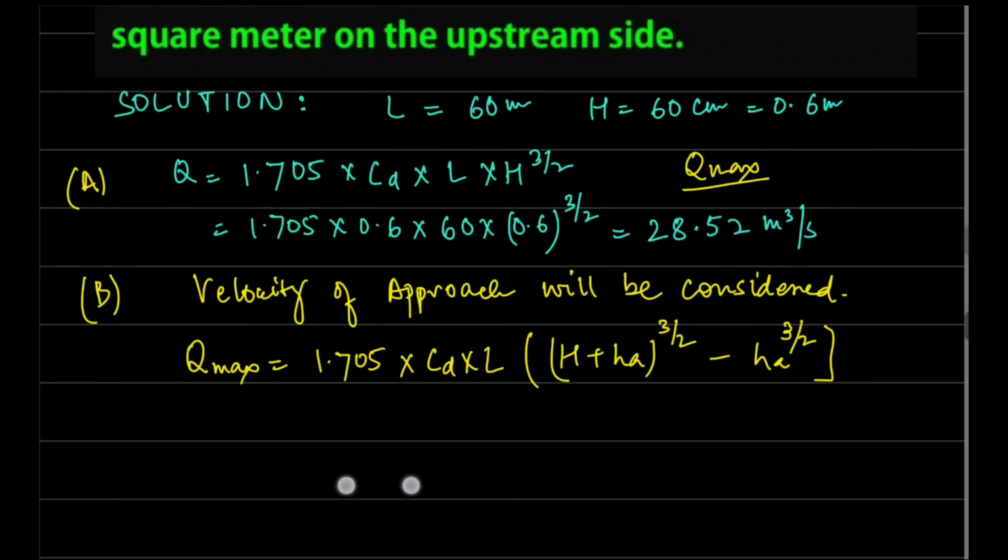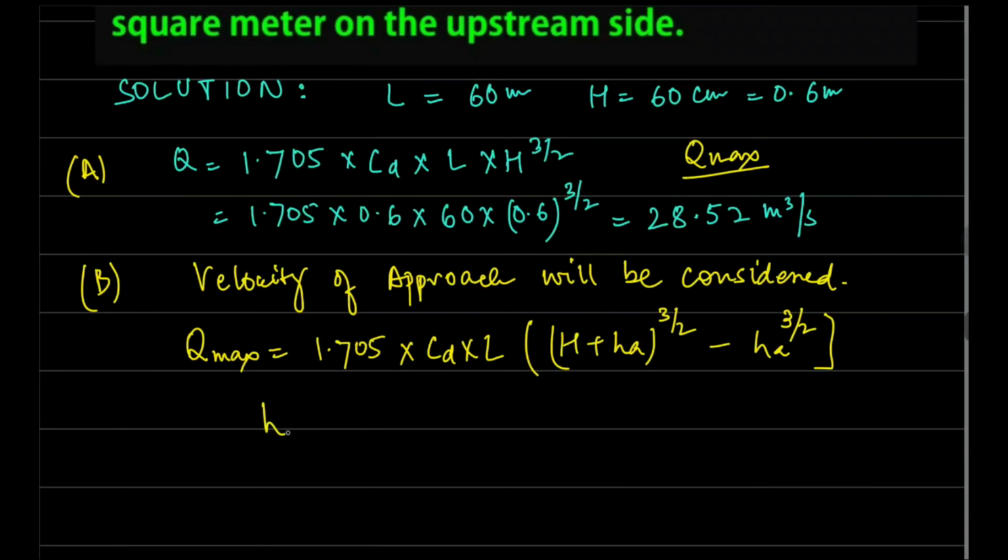Now, first of all, we have to figure out the value of HA, and HA will be found out by the VA. So in order to get the VA, this VA can be Q by A. So Q is given to us from the previous Q value. So this Q value is 28.52, now divided by the area.